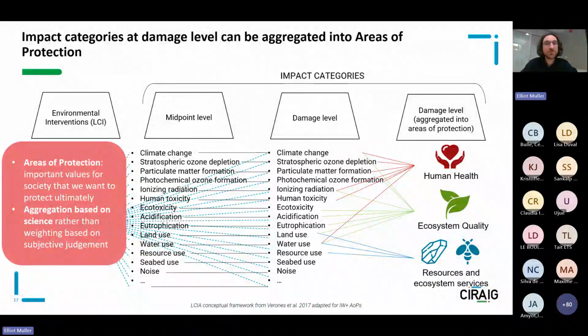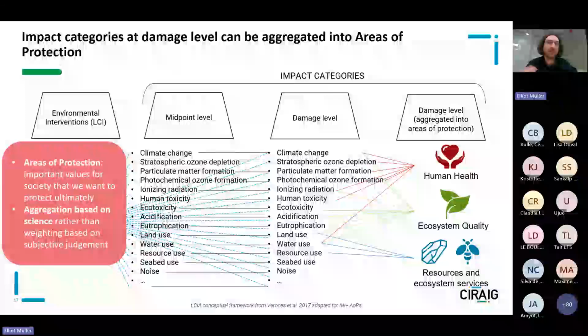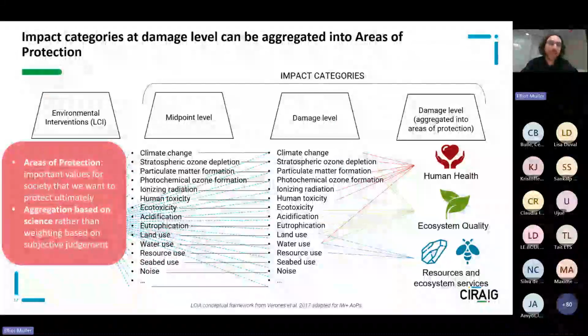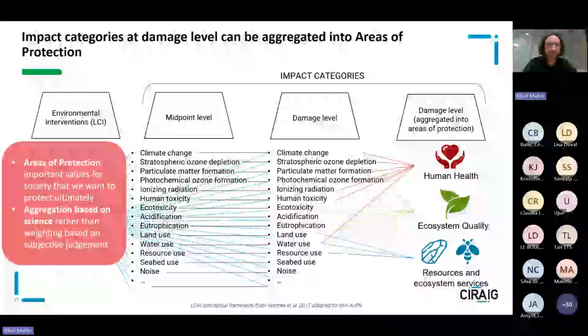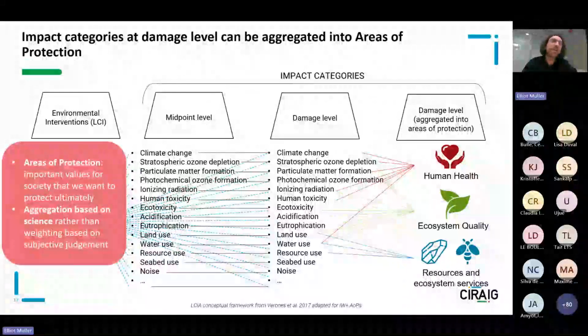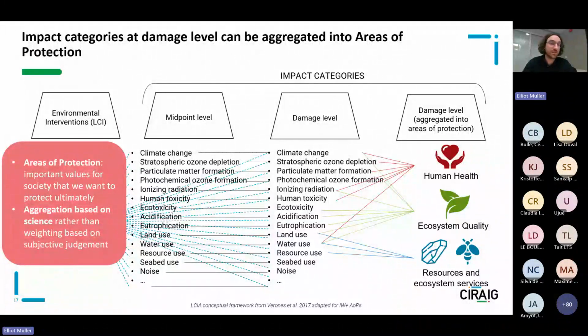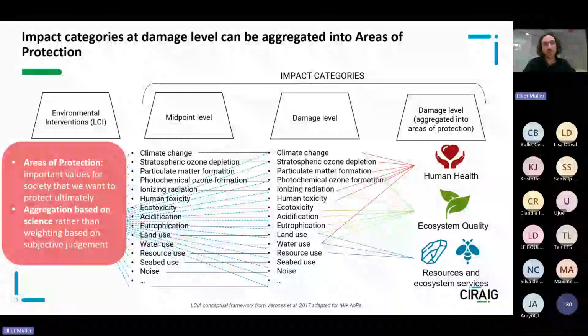And so the aggregation at this endpoint or damage level, at the area of protection level, is based on science, because it's based on simply aggregating indicators that use the same unit, and having calculated them using science-based cause-effect chain models, rather than weighting that is typically based on subjective judgment. And that's one of the main differences, for example, between Impact World Plus and the EF method in Europe.